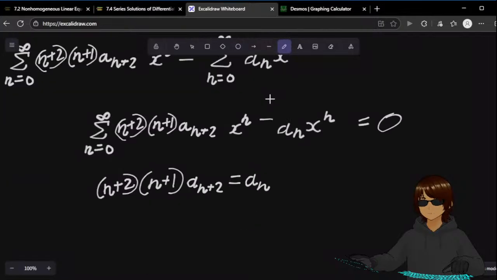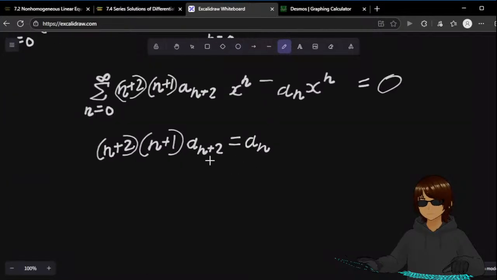So a2, if I plug in 0, a0 is equal to a2. Okay, let's do it in reverse. a0 is equal to a2, 3, 0. Actually, just 2. I'm plugging in.